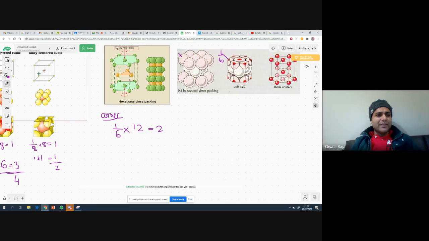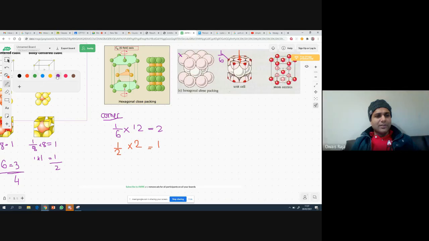Now, then we look at the atom in the center of the face, which are these ones. There are 2 atoms in the center of the face, and half of each belongs to that unit cell because there is a top one. It's going to cut into half, just like you can see here. So that gives you 1 atom.